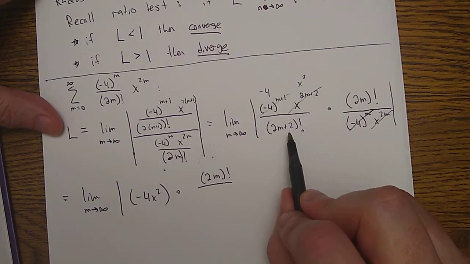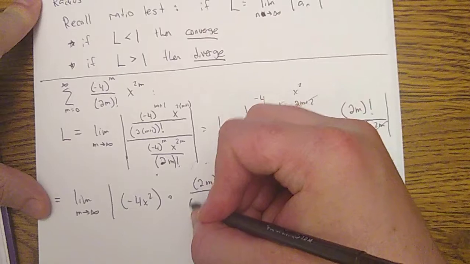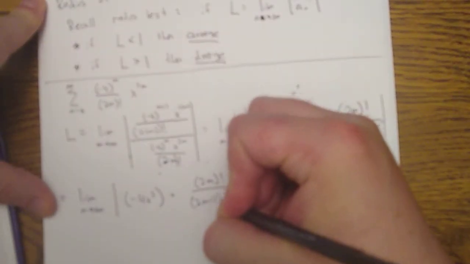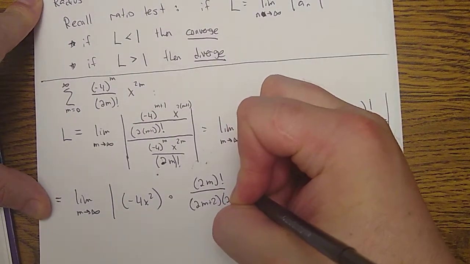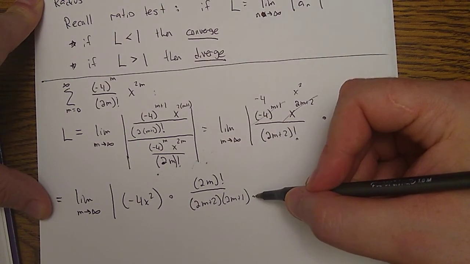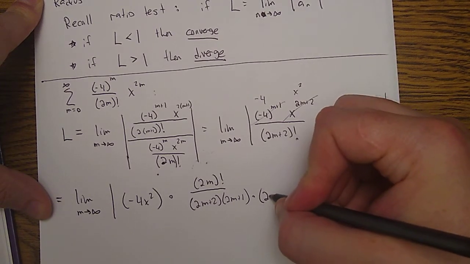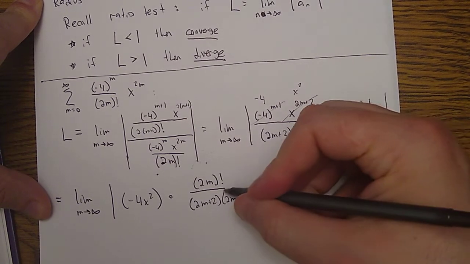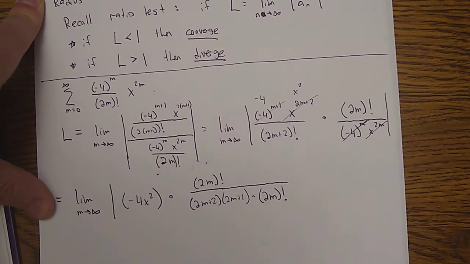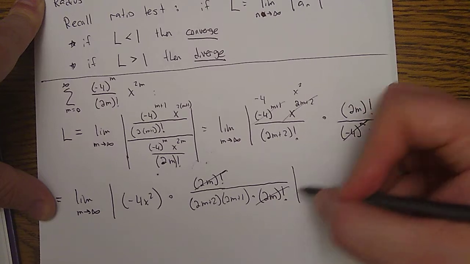Instead of this, let me write the following. Because 2m plus 2 factorial, that would be 2m plus 2 times the next number down times the next number down. So this would be 2m plus 2 times 2m plus 1 times, and then the next one would be 2m, and the one after that would be 2m minus 1. In fact, the rest of it is just 2m factorial, which I can cancel with this, right?